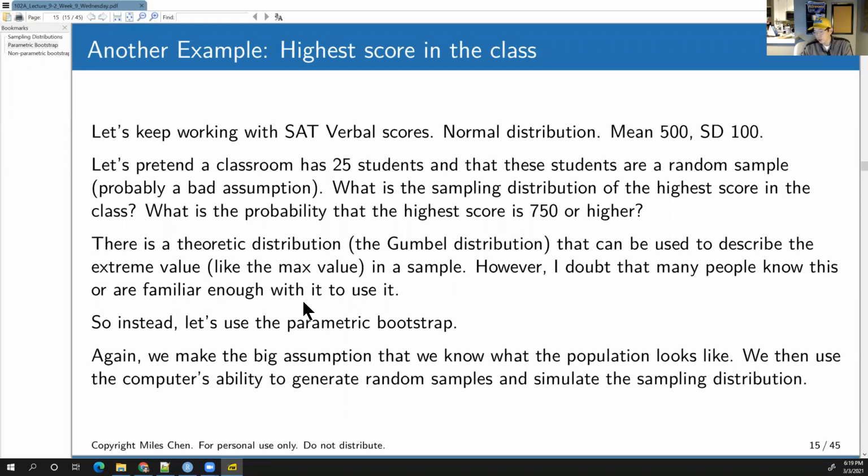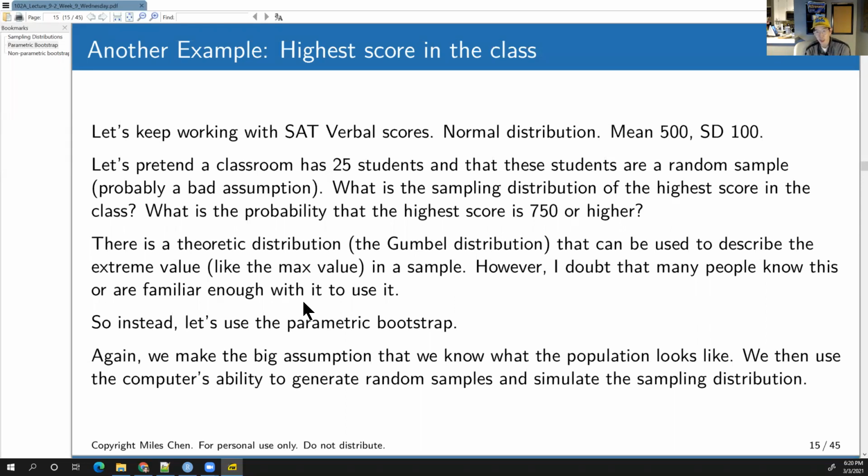And again, we can do this for any kind of statistic, any kind of value that comes from a sample. We were talking about the sample variance, which has been studied quite thoroughly. We could do it for something like the highest score in the class. Let's say we have a classroom with 25 students, and these students are a random sample.